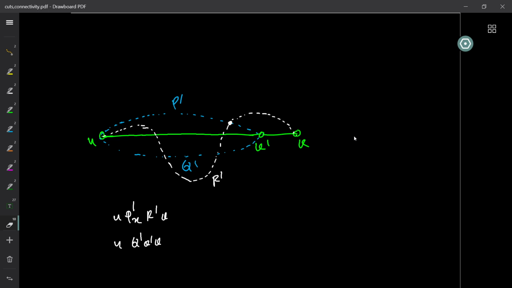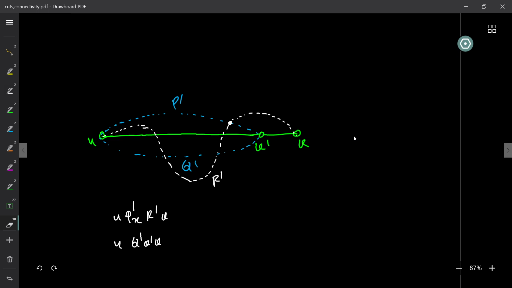So what we know is that there are these two paths, P dash and Q dash. Now, there is no cut vertex in the graph. That is our assumption. Therefore, if you pick the vertex v dash and remove it, there is still a path in the graph from u to v, because v dash cannot be a cut vertex.